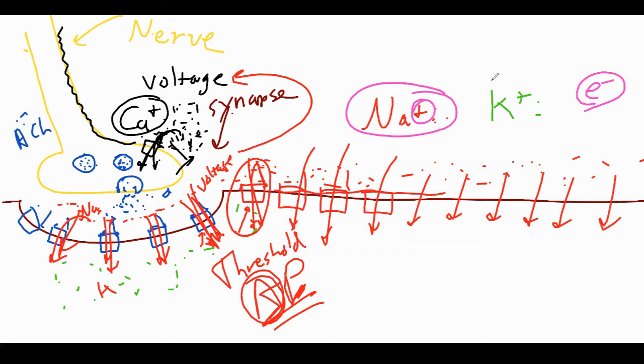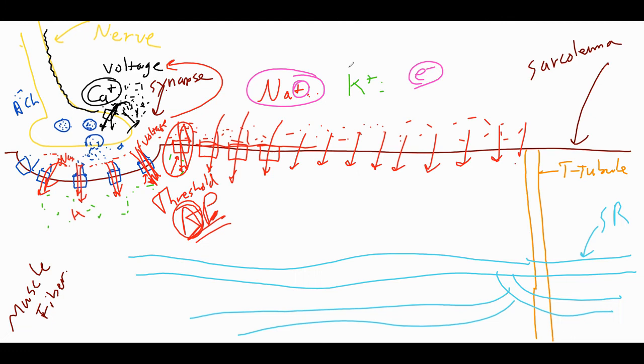All the way down here, all the way down the T-tubules to the sarcoplasmic reticulum. And now we've got that signal all the way down into the sarcoplasmic reticulum. Now we come back to calcium ions in here.